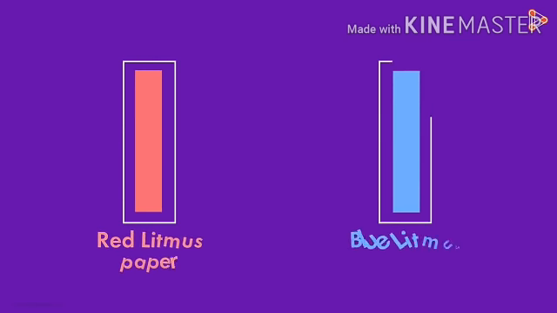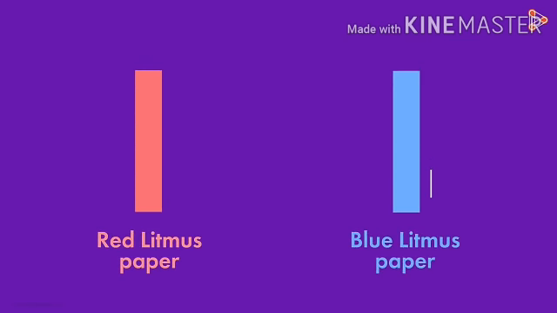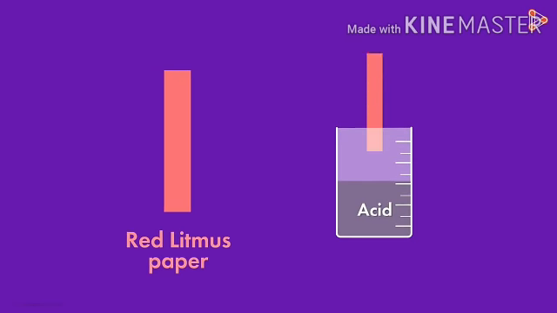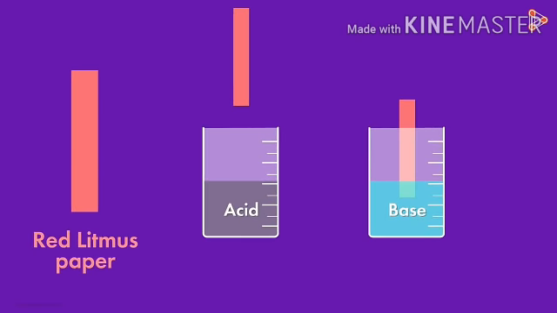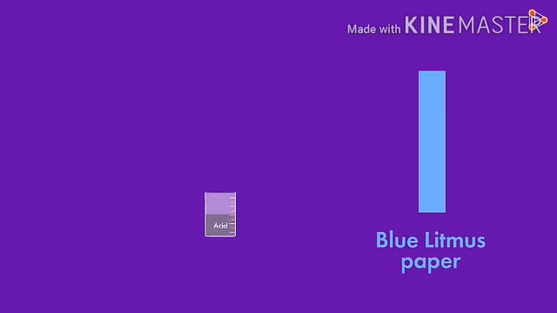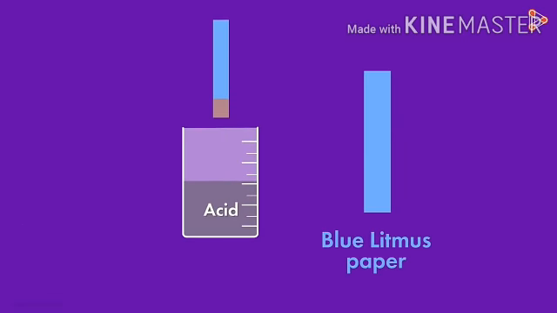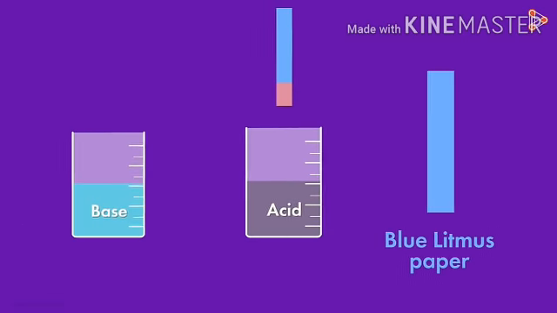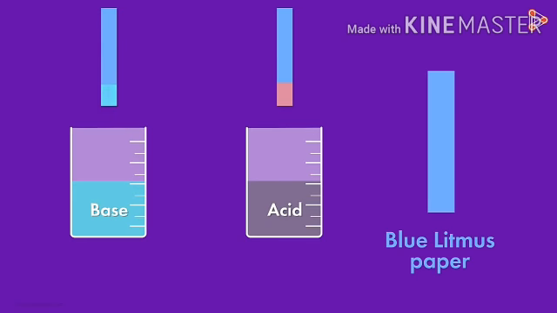Two colors of litmus papers are usually available: red litmus paper and blue litmus paper. The red litmus paper, when it comes in contact with an acid, displays no color change but turns blue in the presence of a base. In contrast to this, the blue litmus paper turns red on contacting an acid, while it remains unchanged in a basic solution.